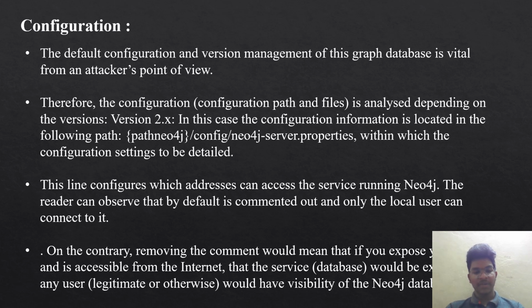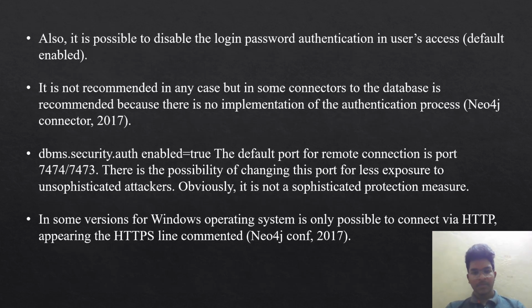The reader can observe that by default it is commented out and only the local user can connect. On the contrary, removing the comment would mean that if you expose the service and it is accessible from the internet, any user would have visibility of Neo4j details. Also, it is possible to disable the login and password authentication for user access.